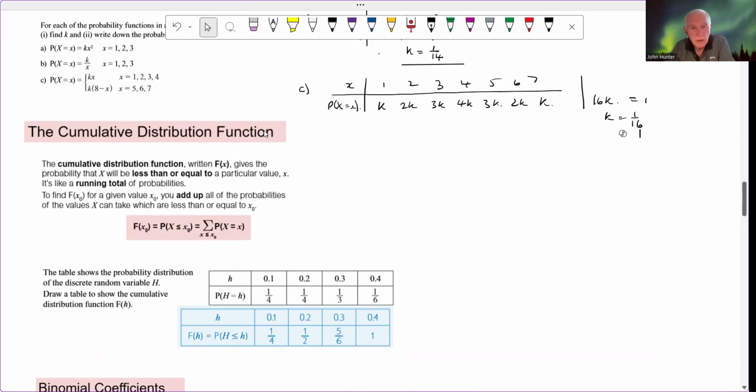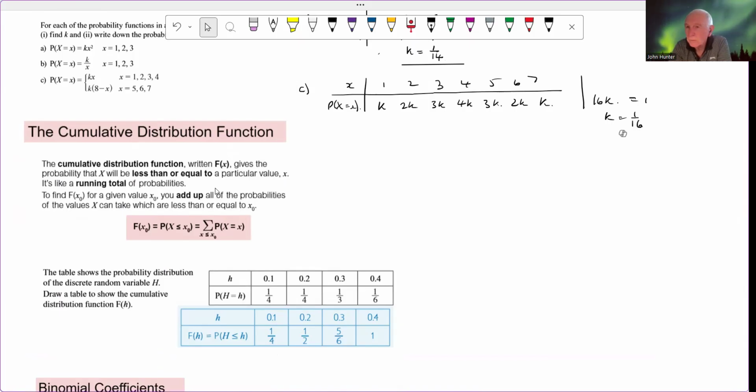We also have the concept of the cumulative distribution function. Written as large F, it gives the probability that X will be less than or equal to a particular value, like a running total of probabilities. Again, think back to the cumulative frequency chart that you did.